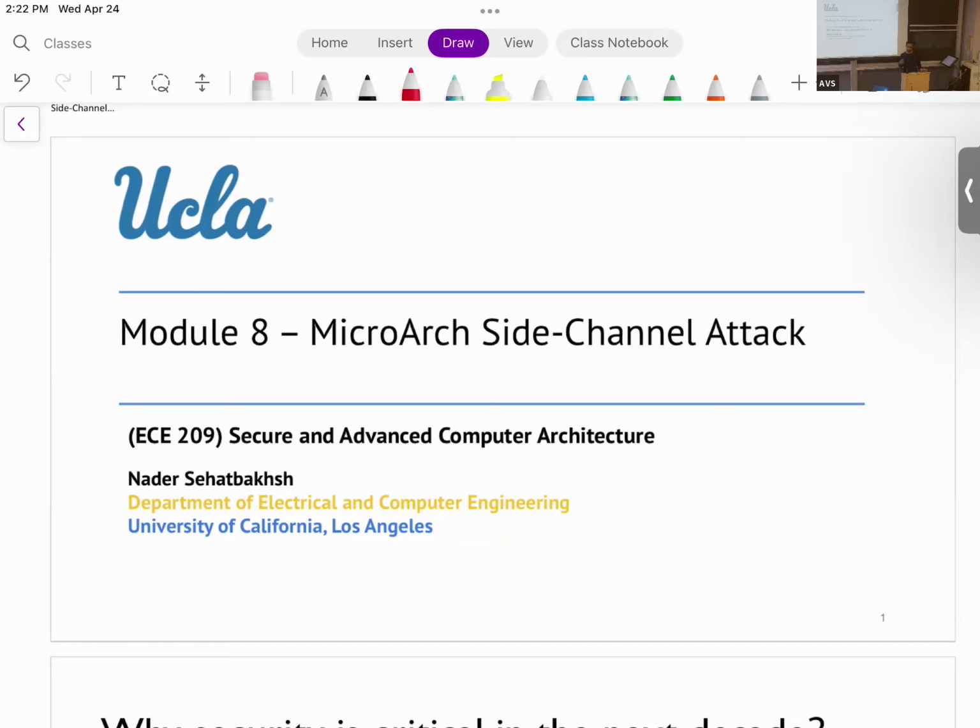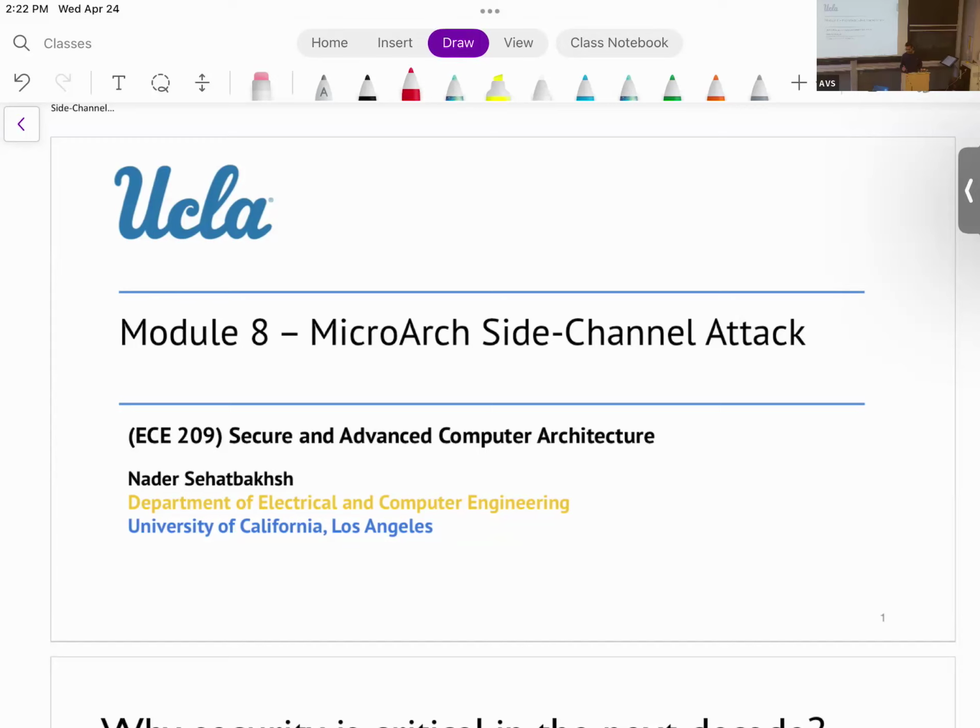The next 2 weeks, we're going to have paper presentations. Then in the third week, I'm going to do two groups of lectures, one about the main memory and issues in main memory, both security and advanced topics. And then I'm also going to talk a little bit about memory safety and trusted execution environments.